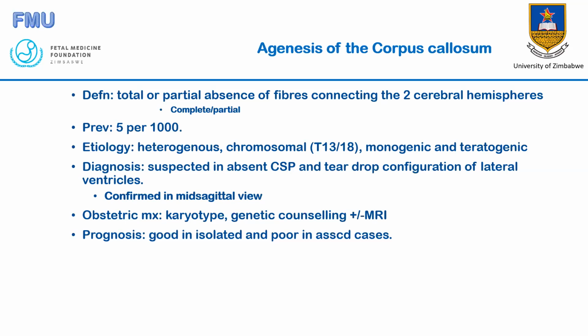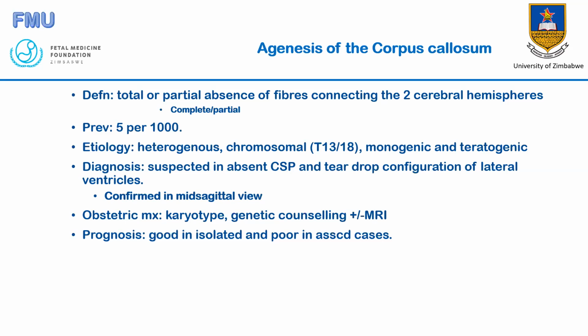The other etiology could be monogenic or teratogenic. Monogenic means single gene disorders. Teratogenic means due to taking substances that are potentially harmful to the formation of the baby. So these are the possible etiologies.